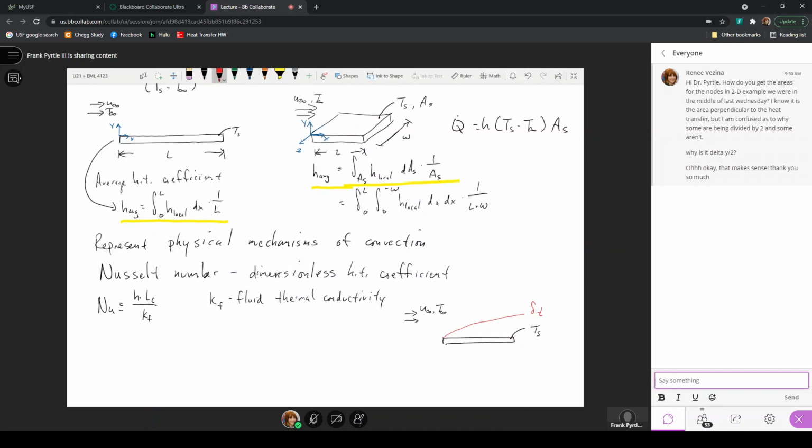Once we get outside the thermal boundary layer, the temperature in the fluid is uniform, whatever the free stream temperature is. So once we get out here, there's no more temperature difference between adjacent molecules, so there's no more heat transfer occurring. Inside this thermal boundary layer is where we have all the temperature variation, such that the temperatures that exist in the fluid are between the surface temperature Ts and the free stream temperature that is T infinity.